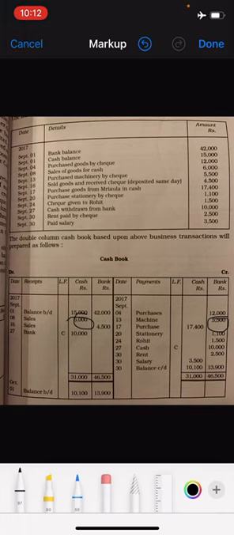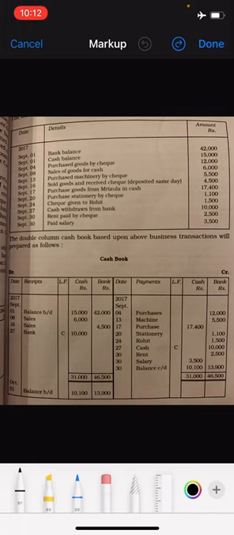Next is September 16, sold goods and received check, deposited same day. That means the check is deposited same day for 4,500. So whenever goods is sold and you receive check, journal entry will be bank account debited to sales account.